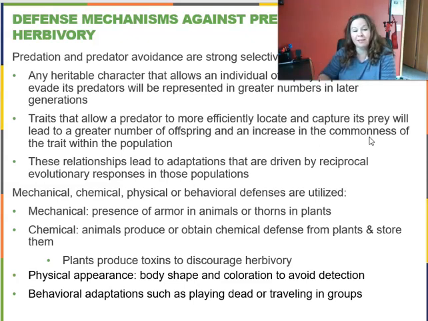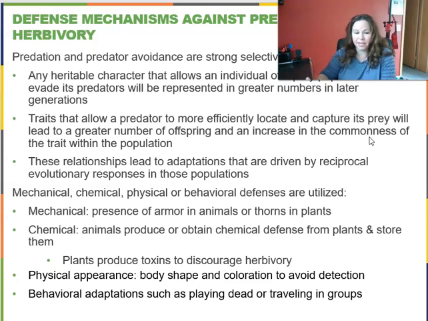They can be mechanical, chemical, physical, and behavioral. They're all utilized. For example, in mechanical, the presence of armor in animals or thorns on plants can help evade predators. Chemicals, like animals that can produce or obtain from somewhere a chemical defense from plants and then store them.